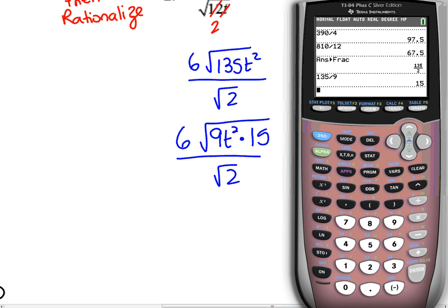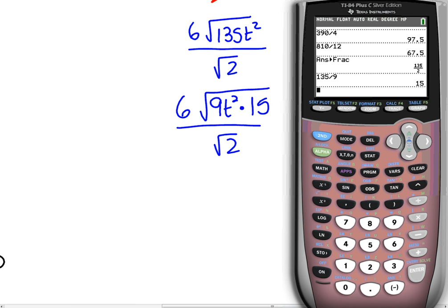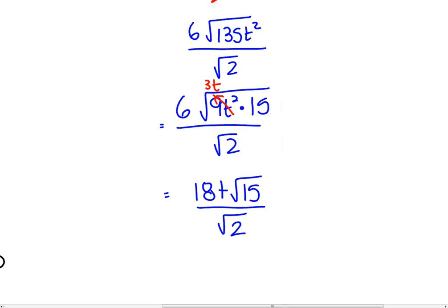So we broke down 135. I found a perfect square that will go into 135. It's 9. 9 times 15. What is the square root of 9t squared? This becomes a 3t. We have to multiply it with 6. So that becomes 18t root 15 all over root 2.